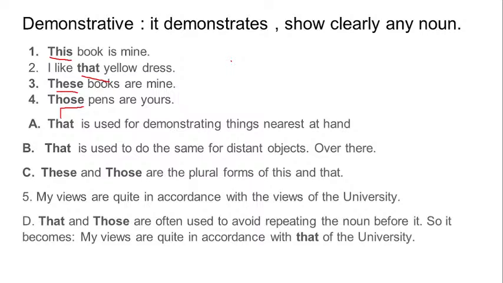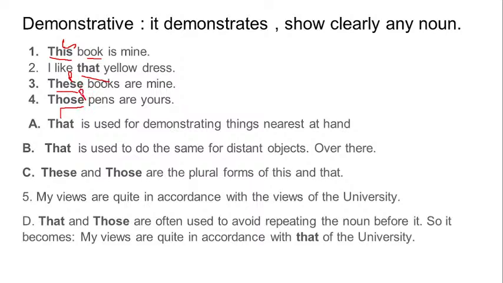If it is a single book, or single noun, it is this, called singular, and these is used for plural. Same for that, we use those for plural. Those pens are yours. So there are more than one pen, and they are yours.